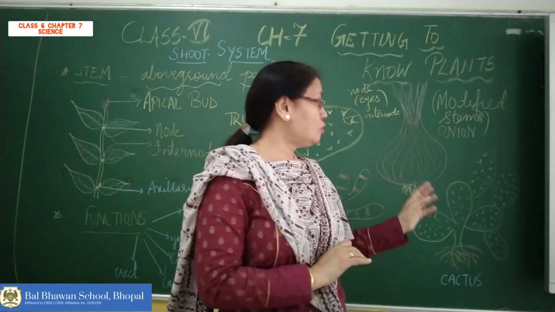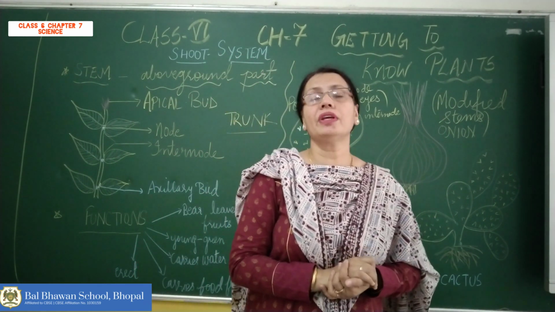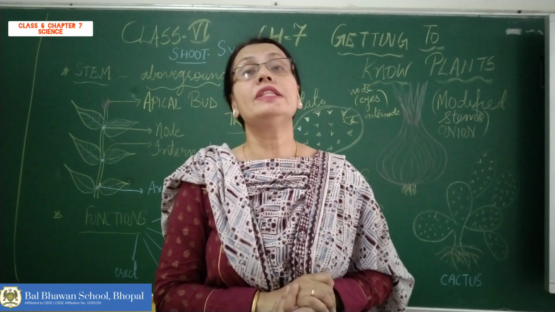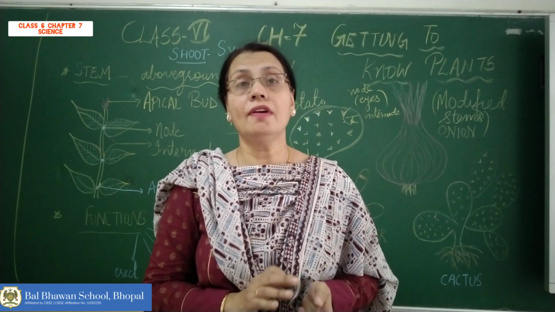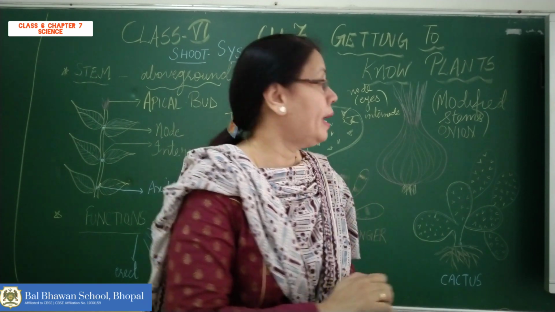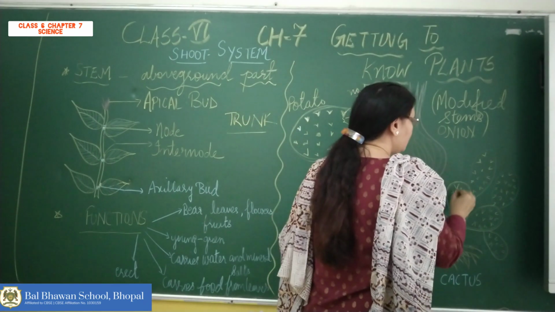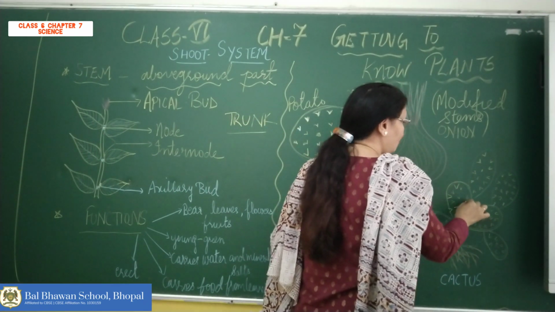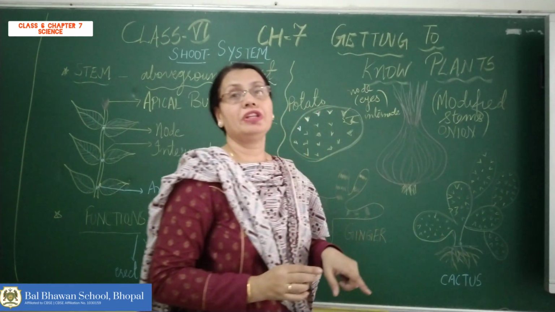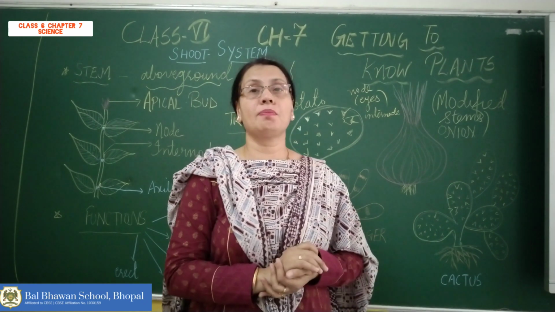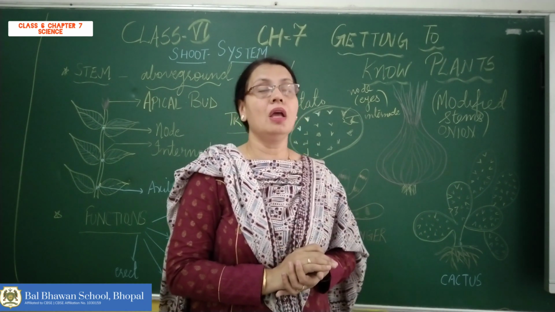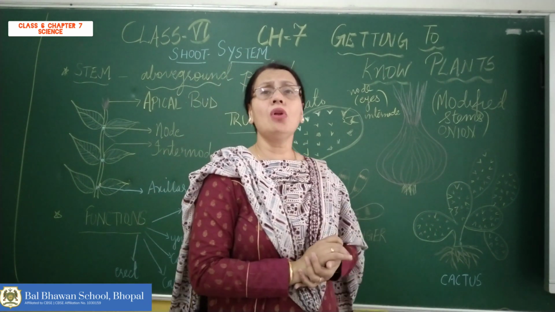No, children, actually the green part of the cactus is the stem, and in case of a cactus the stem is thick, fleshy and green. The thorns which are found on that fleshy stem are actually the leaves, which are reduced to thorns and spines just to prevent grazing and to prevent loss of water.